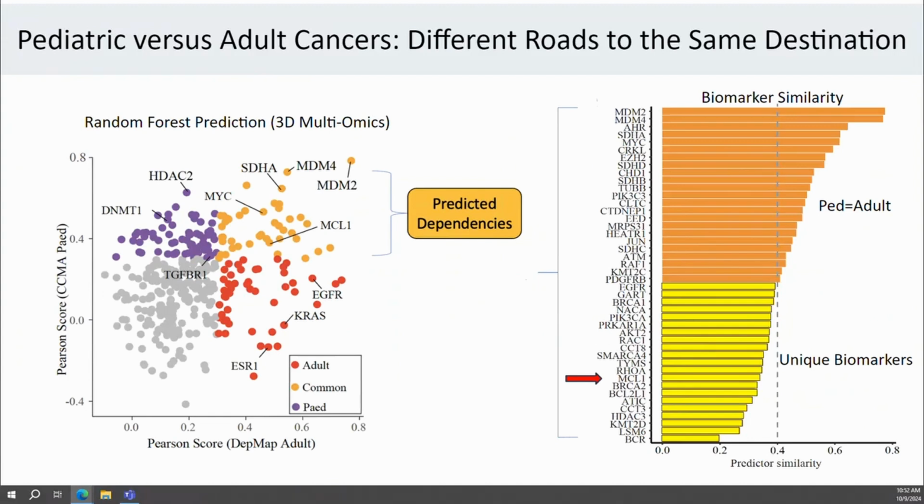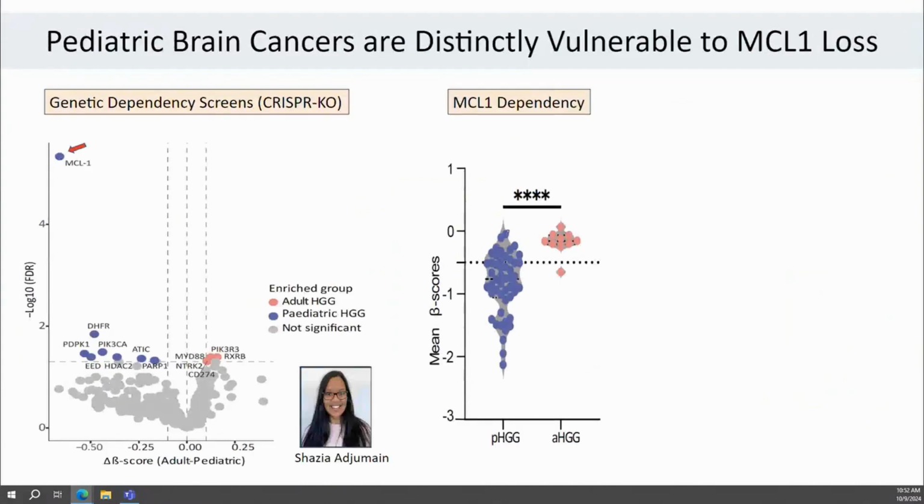And focusing on MCL1, I'll tell you a little bit about this gene. We were particularly interested in MCL1 because it was in fact the single most unique dependency in pediatric cancer. So you can see here that MCL1 in this volcano plot really bubbles up as an important genetic feature in pediatric high-grade gliomas compared to adult.